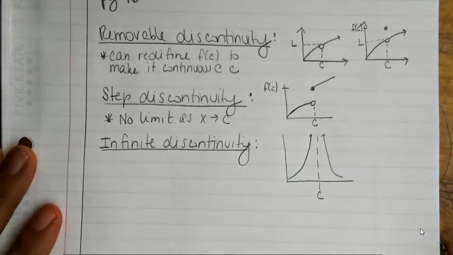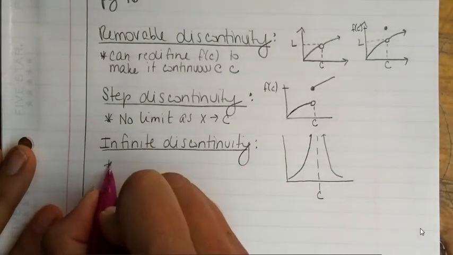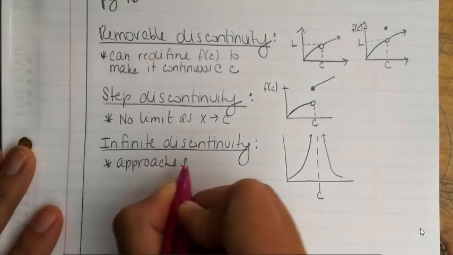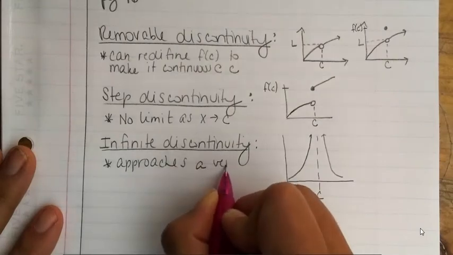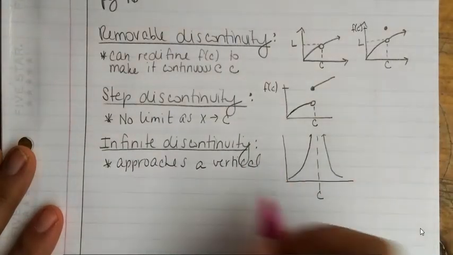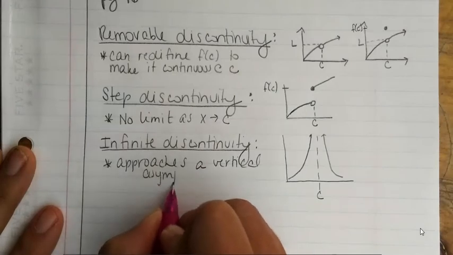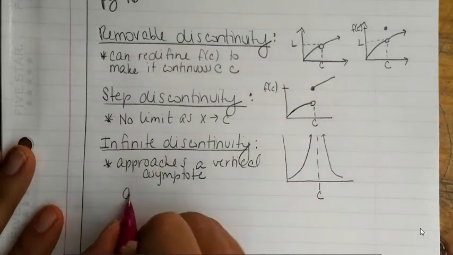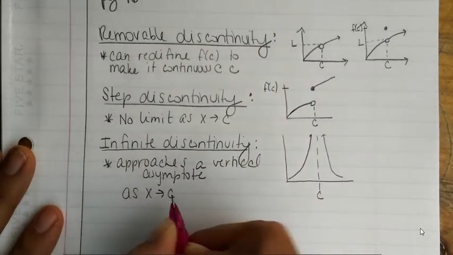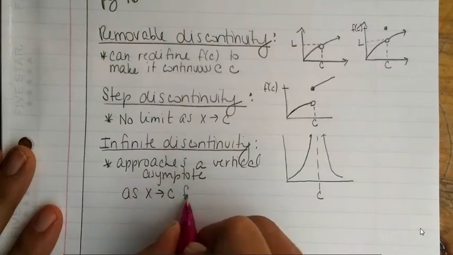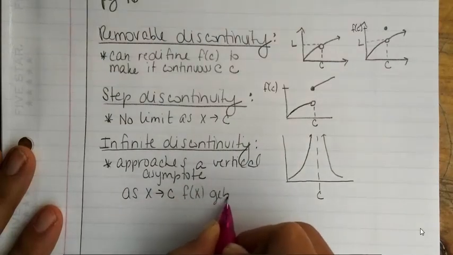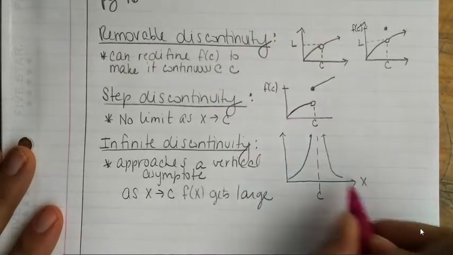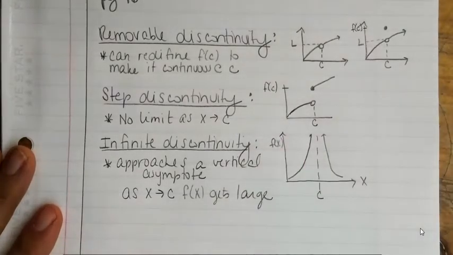So there is no limit there. It approaches a vertical asymptote, and as x approaches C, f of x gets very large, if this is x and this is f of x. But we end up with no limit.